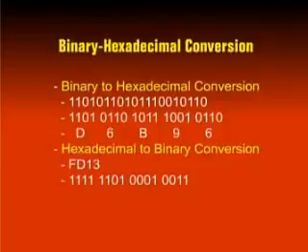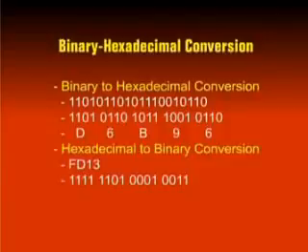How do we convert from hexadecimal to binary? Well, consider the example of FD13, a hexadecimal number. Each hexadecimal digit is represented by a group of 4 bits. So starting from the least significant hexadecimal digit 3, its binary equivalent is 0011.